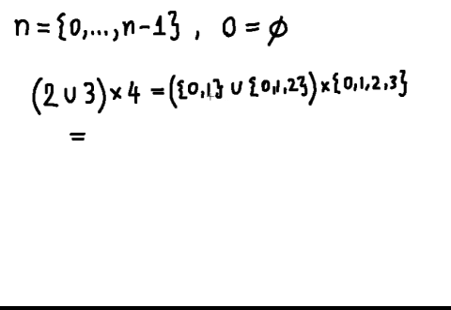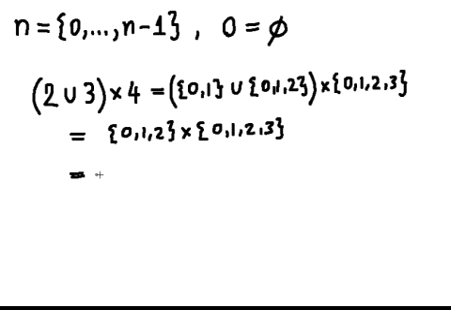Okay, so the union of these two sets, because 0 and 1 are also found in the other one, is going to be the set {0, 1, 2}. So we end up taking the Cartesian product of this set with this set. And now to form that product, what we have to do is to take the set of all ordered pairs.